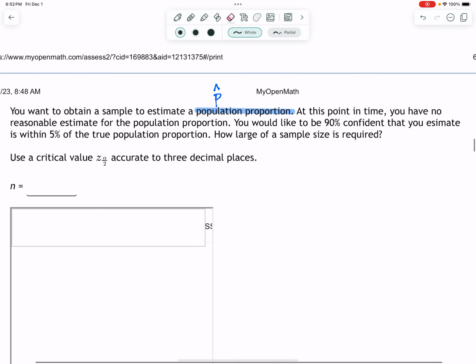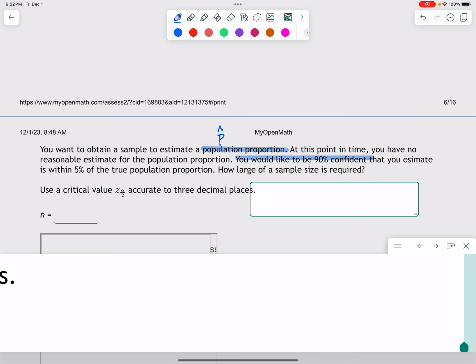At this point in time, you have no reasonable estimate for the population proportion. You would like to be 90% confident. So there is our confidence level.